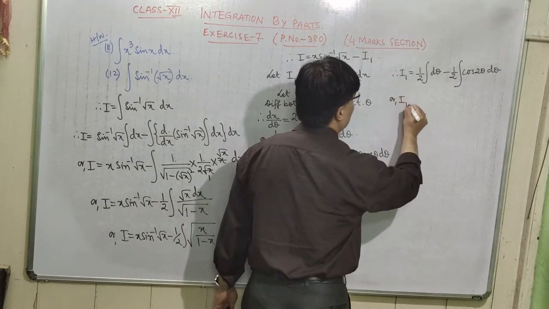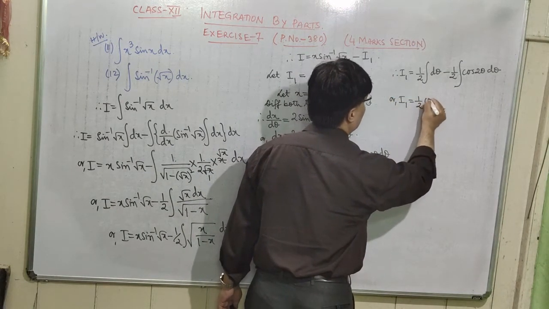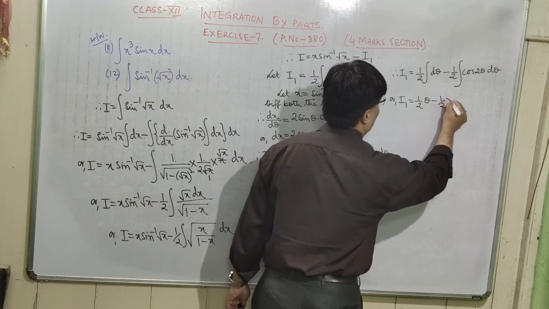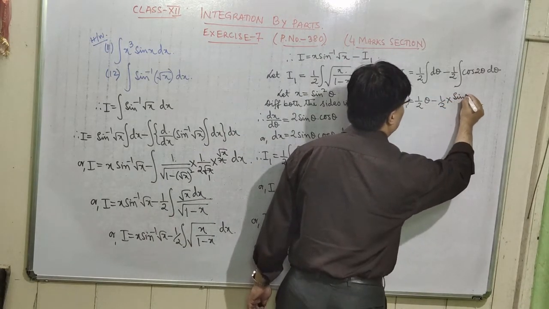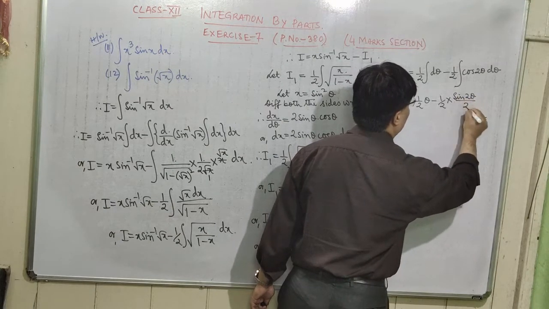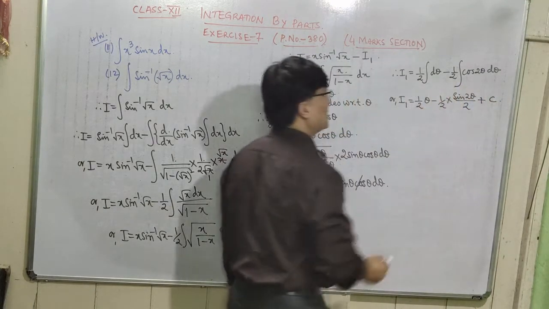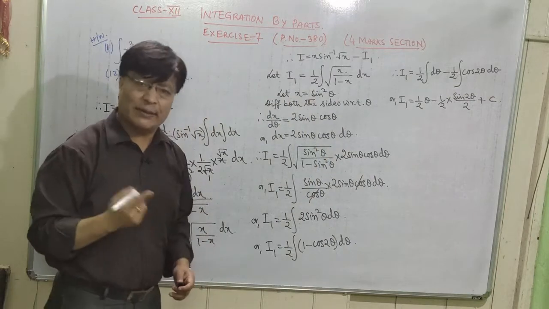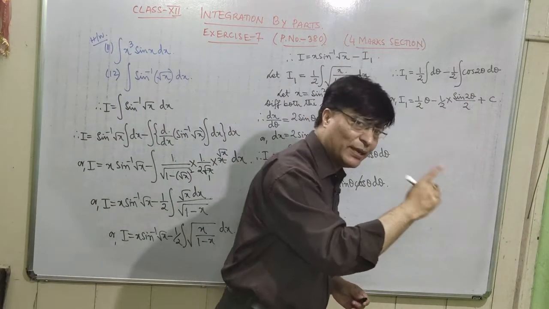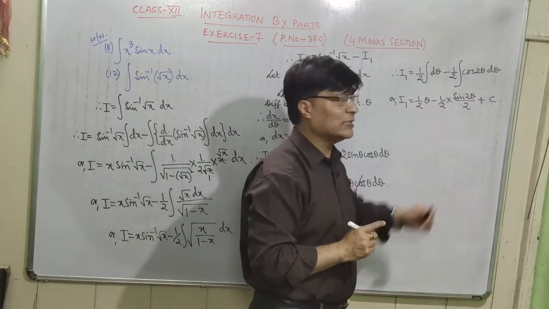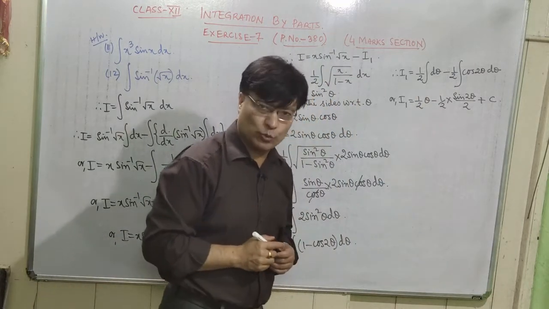Or I1 is equal to half into theta minus half into, what is integration of cos 2 theta? This is sine 2 theta divided by 2 plus c. This is just like your cos mx dx. What is integration of cos mx dx? It is sine mx upon m. So here it is sine 2 theta divided by 2.